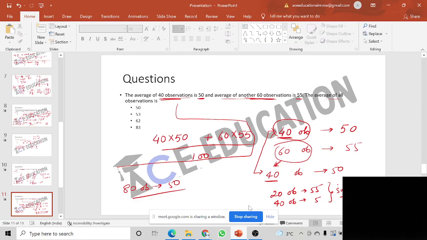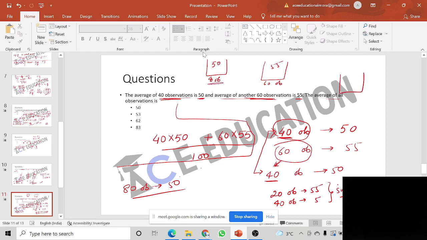All right, I'll repeat. See, assume it this way. There are two buckets. This has 40 observations with 50 average. This has 60 observations with 55 average, and we are going to mix both of them in a bigger bucket.